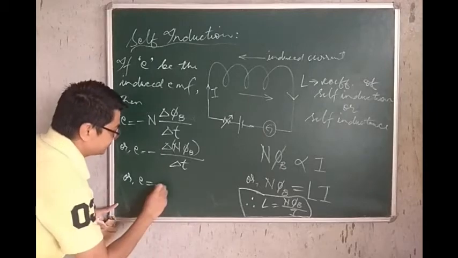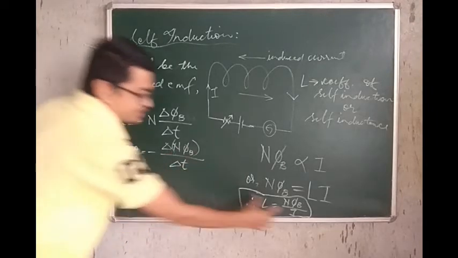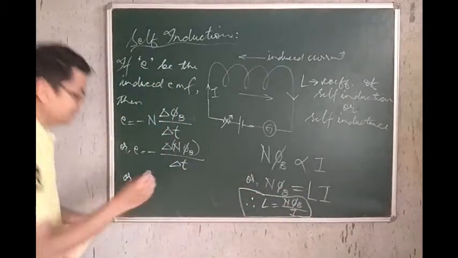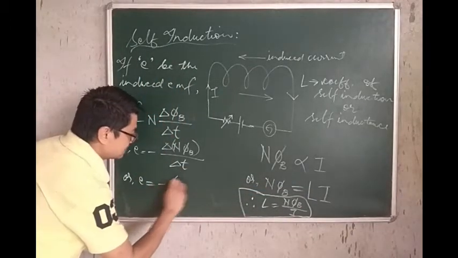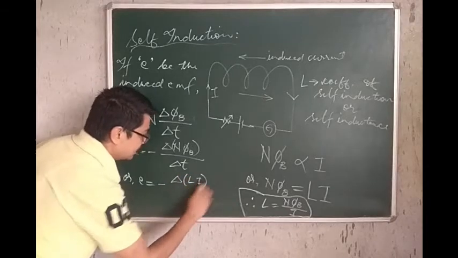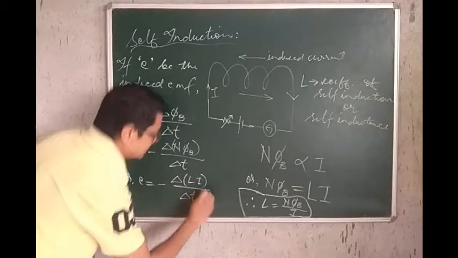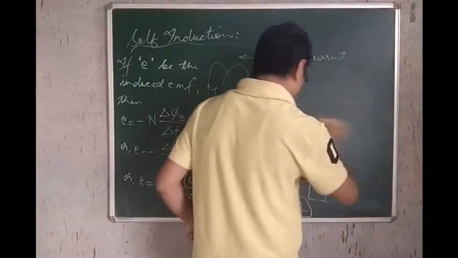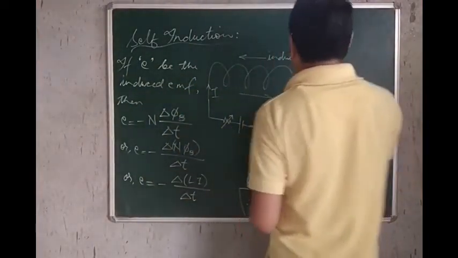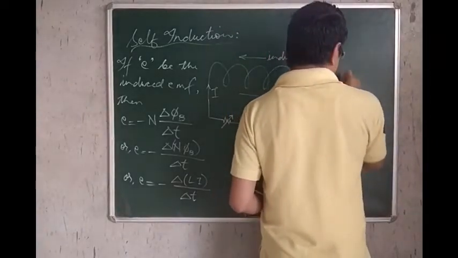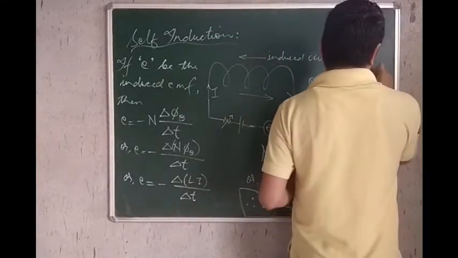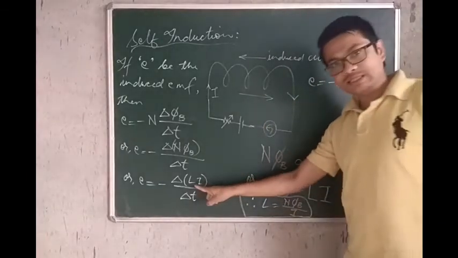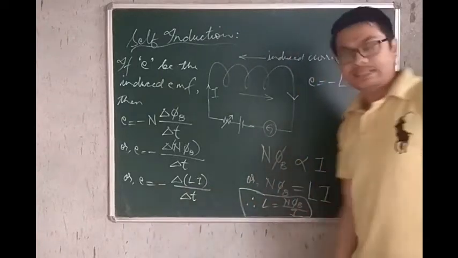E is equal to, now see, from this equation instead of N phi B we can write L into I, so minus delta LI upon delta T. So from there we can write E is equal to minus L delta I upon delta T. Since L is a constant, it comes out of the delta sign.